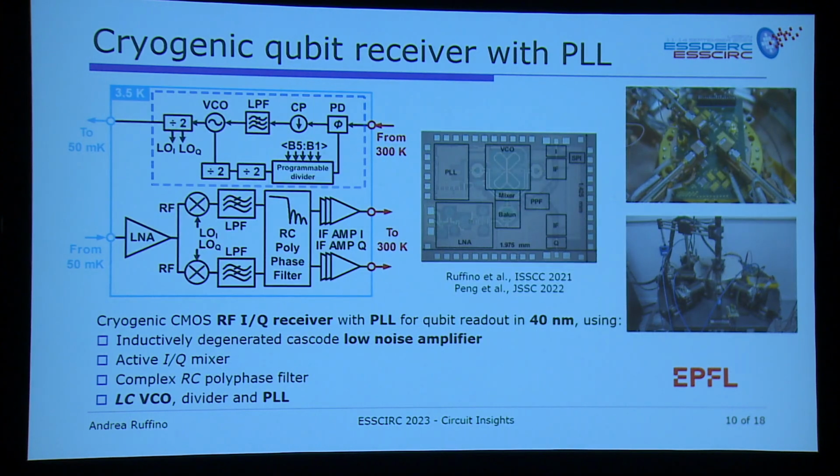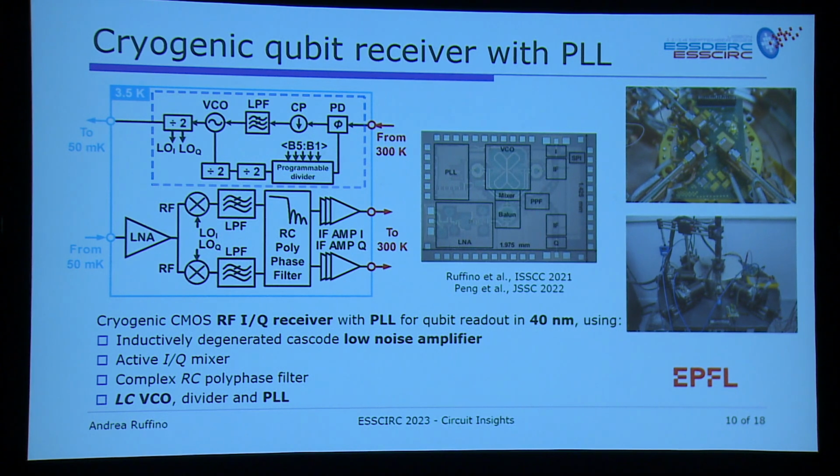And then the last example that I would like to briefly go through concerning spin qubits is the design of a cryogenic qubit receiver with a PLL. This is a circuit that was again taped out in 40 nanometer technology, including an RF IQ receiver with a PLL.